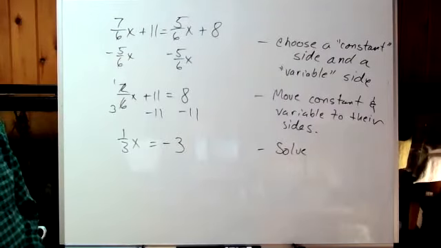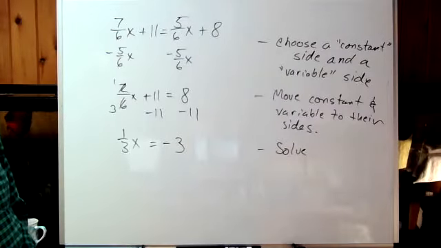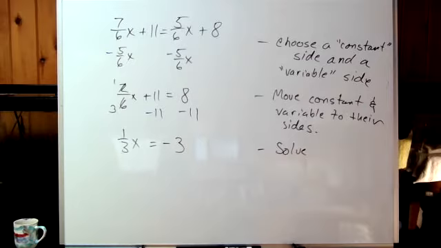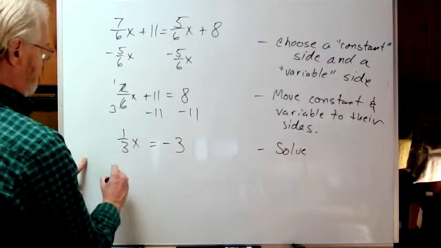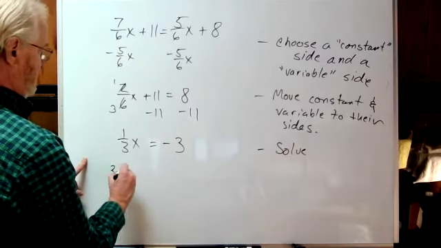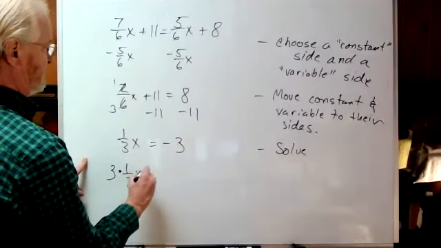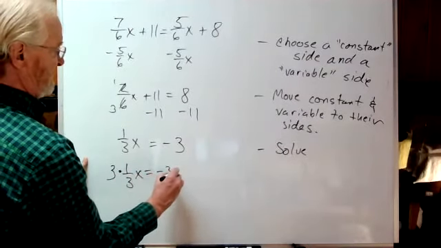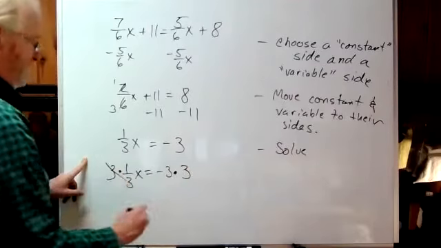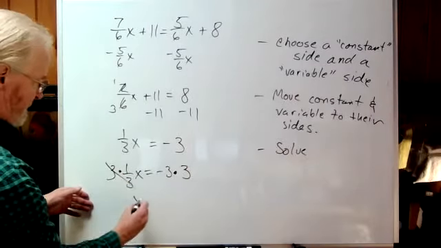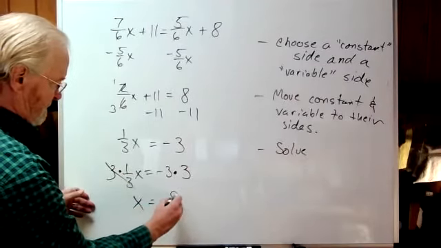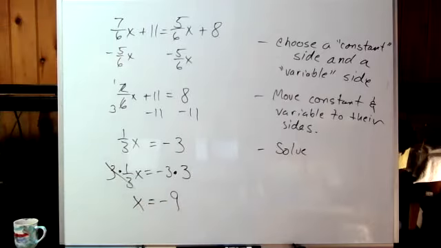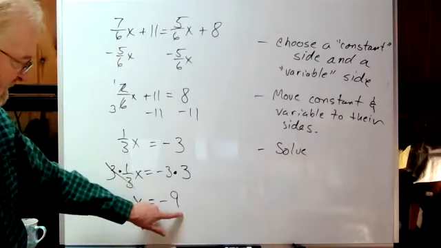You could think of that as divided by 3 or being multiplied by 1/3. So the opposite is to multiply by 3. Lots of 3's there. Right? -9.